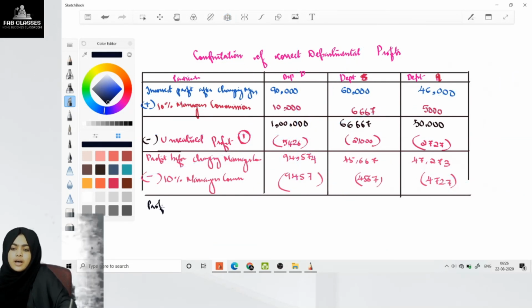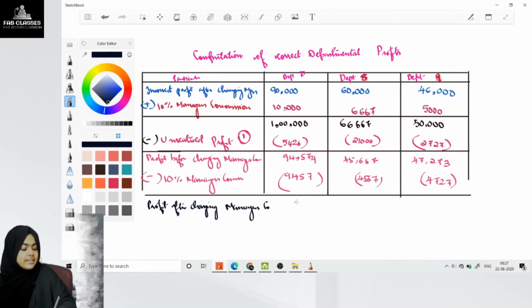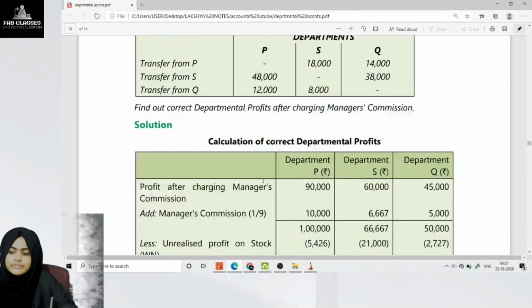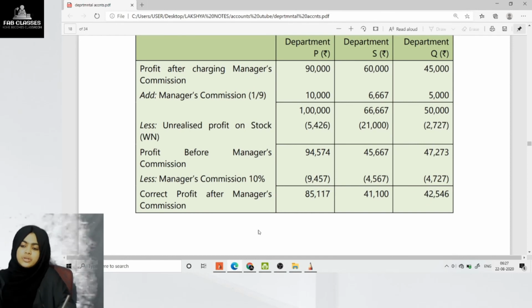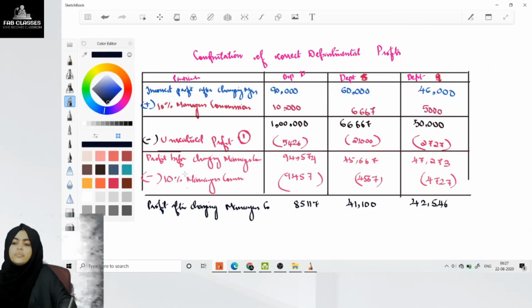Profit after charging manager's commission, and the values are 85,117, 41,100, and 42,546. So let's confirm this. 85,117, 41,100, and 42,546. So I hope you understood this.